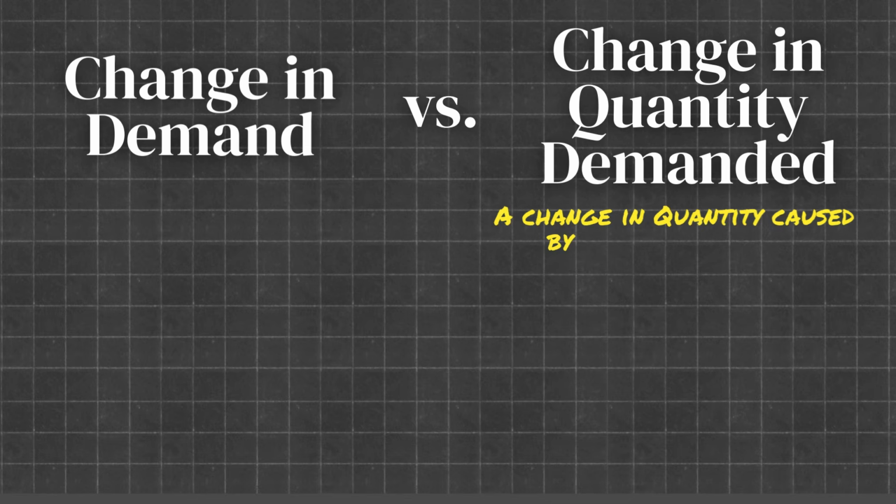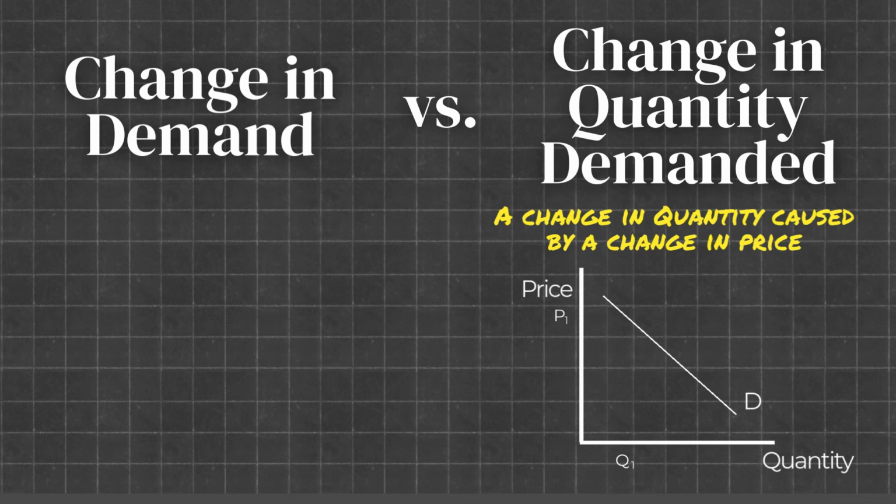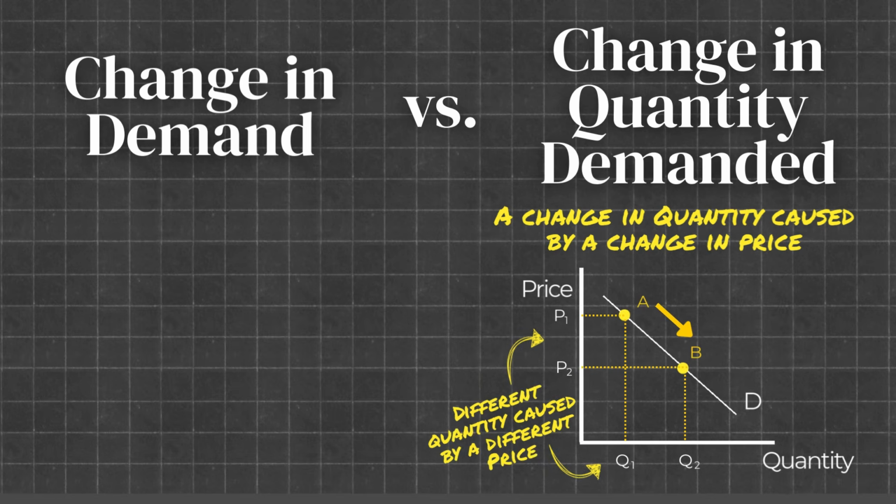So, just as we learned from the law of demand, when the price goes down, demand goes up, and vice versa. On a diagram, this is represented by a movement along the existing demand curve. We are talking about a different quantity at a different price. So the point on the curve changes, but the curve itself does not. This is a change in quantity demanded.